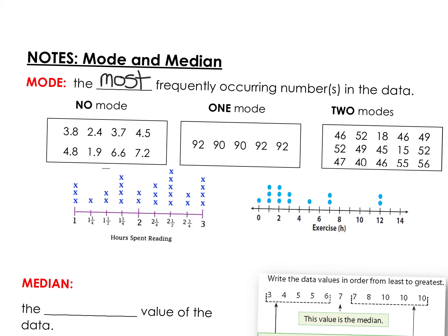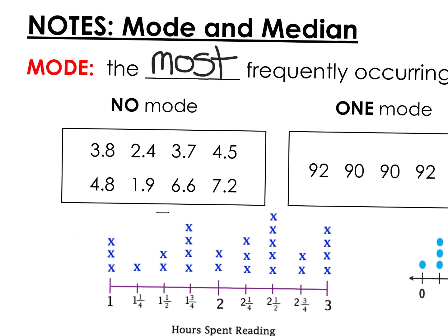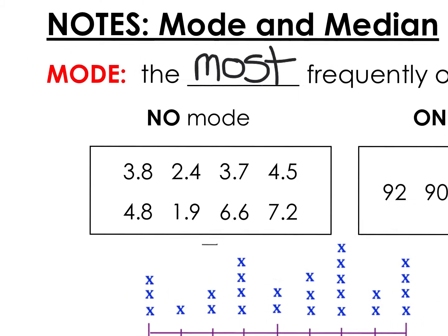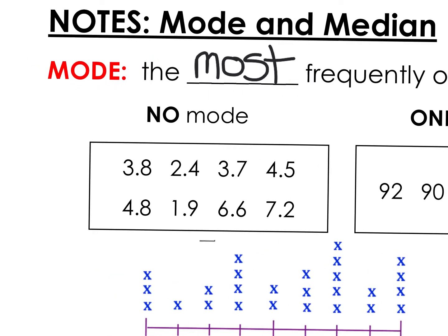So let's look at an example here where it says no mode. If you look here, the reason why it is no mode is because every number only occurs one time.